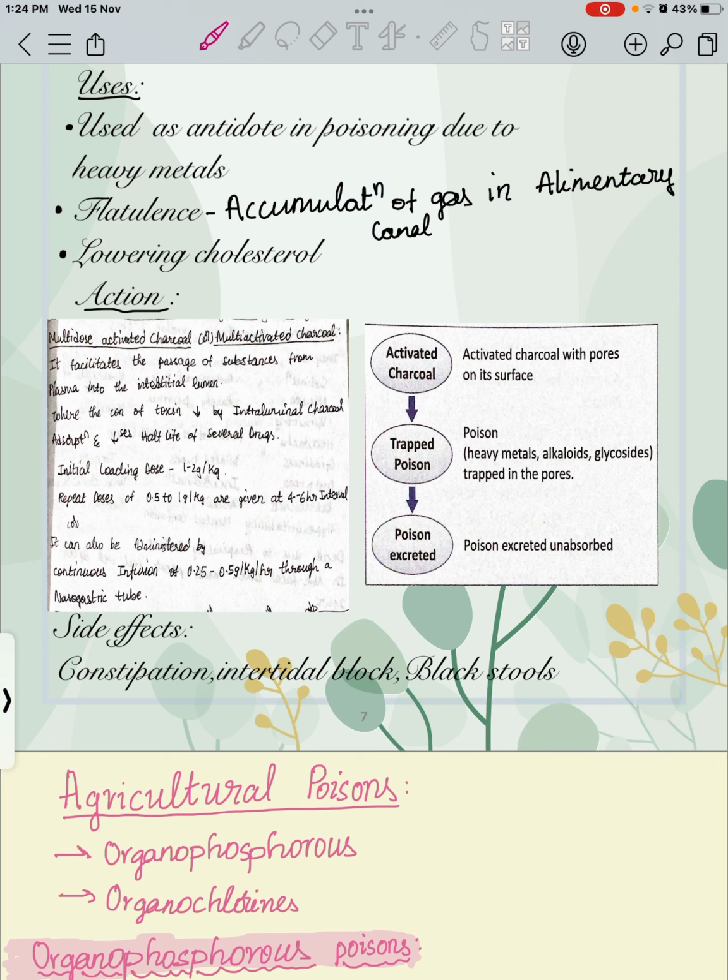Initial loading dose is 1 to 2 grams per kg. Repeated doses of 0.5 to 1 gram per kg are given at 4 to 6 hour intervals, or it can also be administered by continuous infusion of 0.25 to 0.5 gram per kg per hour through a nasogastric tube.